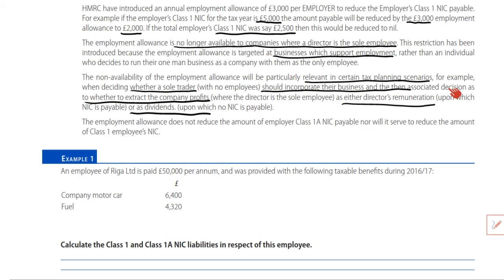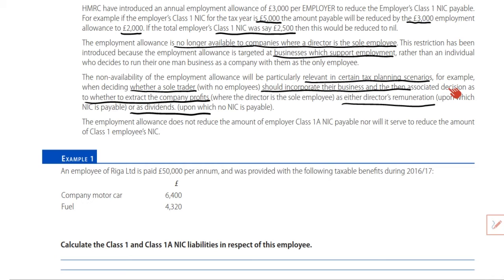Now, again, if you get an objective testing question, as well you may, in terms of national insurance contributions, we keep on saying it, but read that question carefully, as regards exactly what they want you to compute. Do they say, as here very carefully, that you want both Class 1 and Class 1A NIC liabilities in respect of this employee?